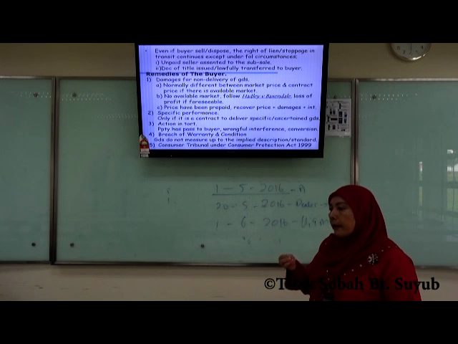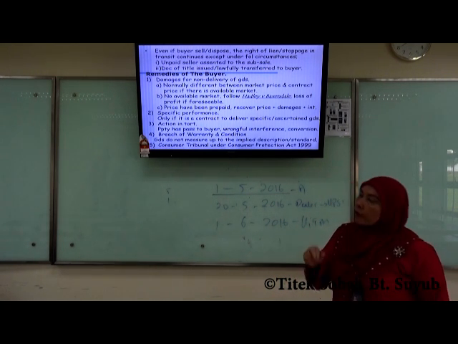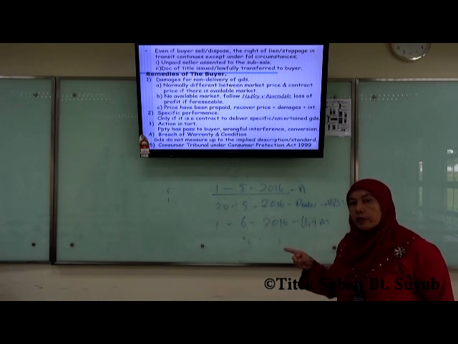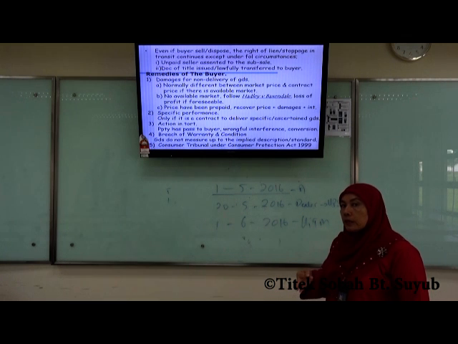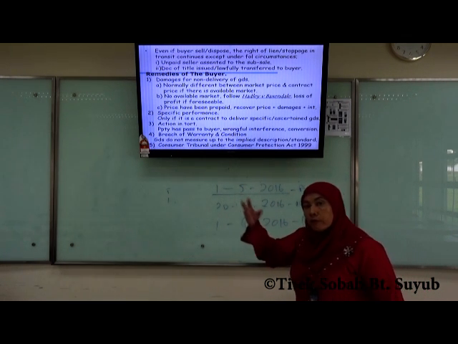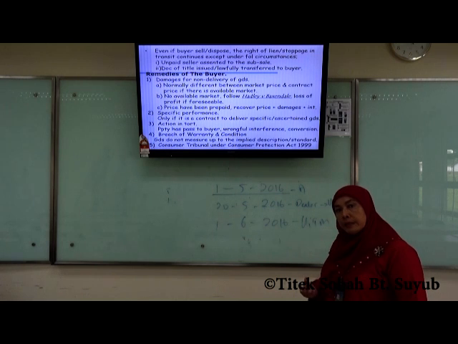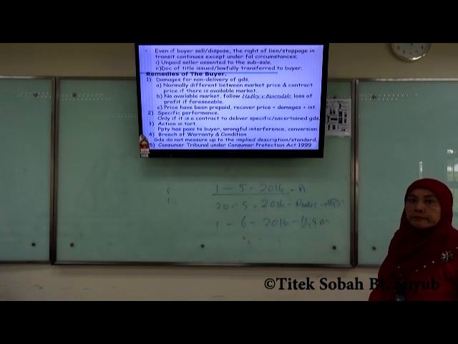Let's say the buyer wanted to buy this furniture, he managed to bargain and the furniture is being sold to him at 2,000 ringgit. However, the seller did not deliver the furniture to him and now he is suing for damages. The market price of the furniture is actually 3,000 ringgit, meaning he can buy the said furniture from another shop, however the price is 3,000 ringgit. So how much damages is the buyer entitled to claim? 1,000 ringgit, the difference.